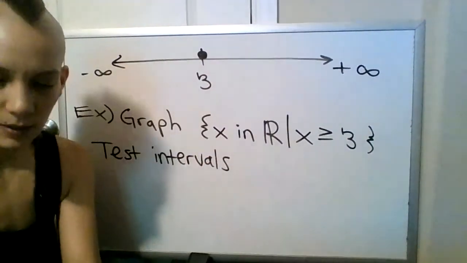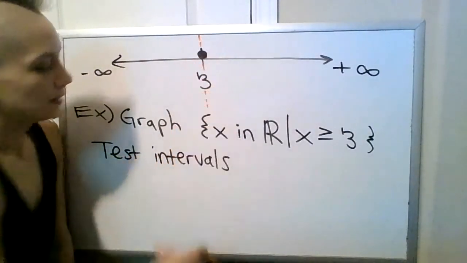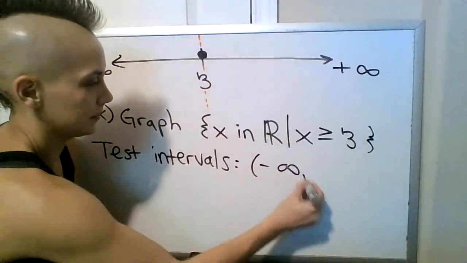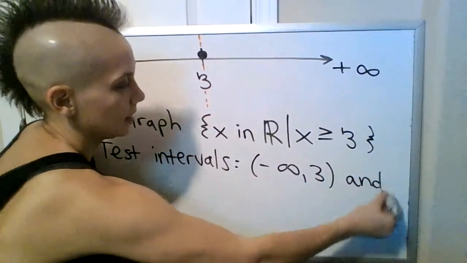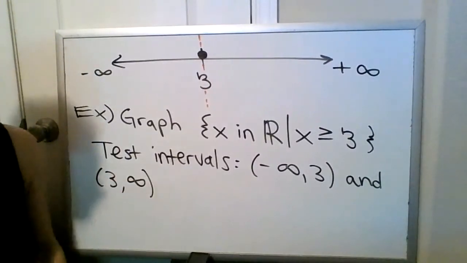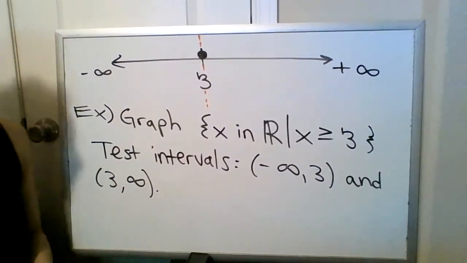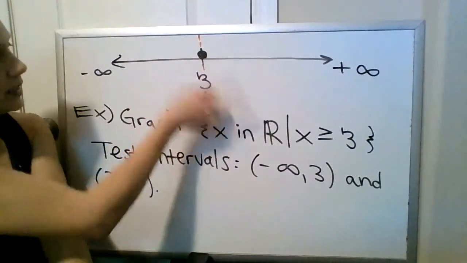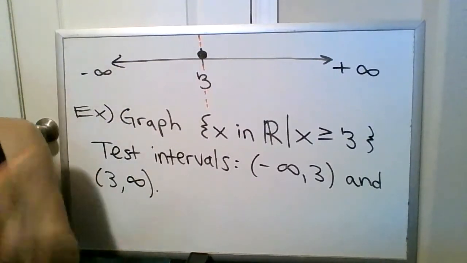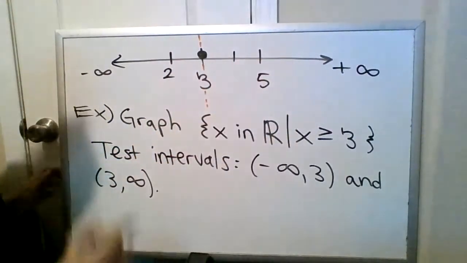And again, that number is going to split up our number line. And we're testing from -infinity over to 3, and then from 3 to +infinity. And you just need one test point from each side. So we're going to test 2, and then we're going to test maybe 5, for values of x.